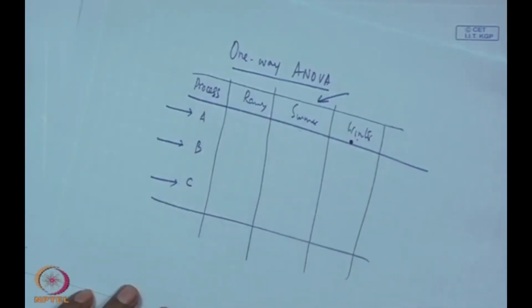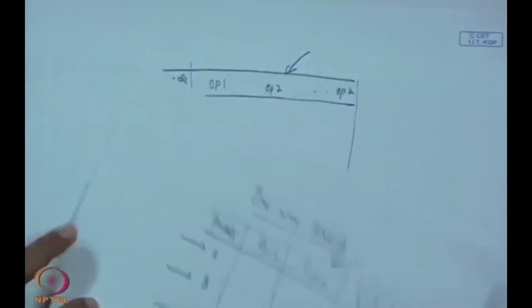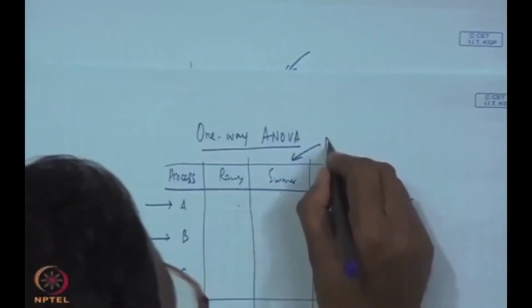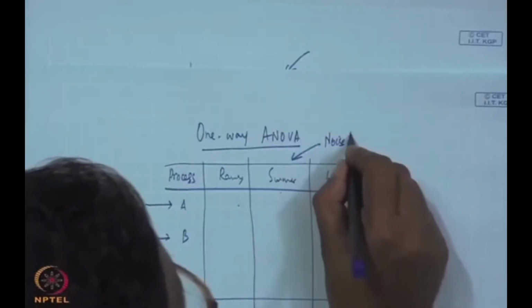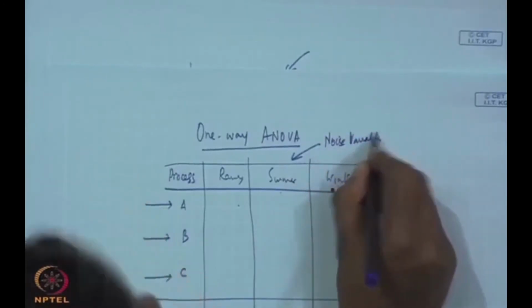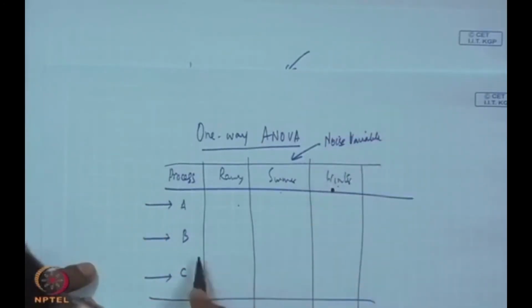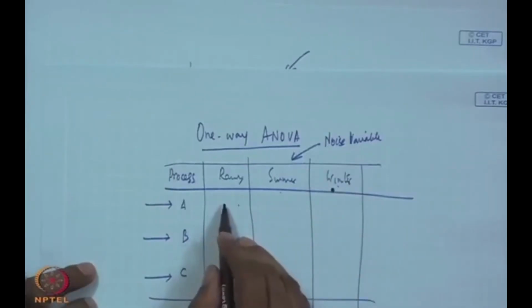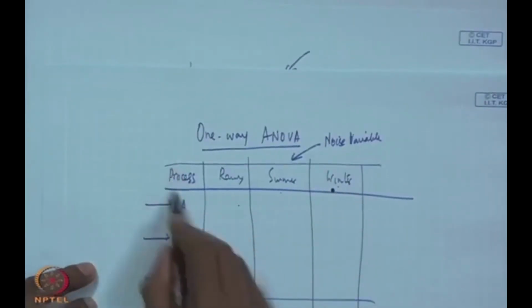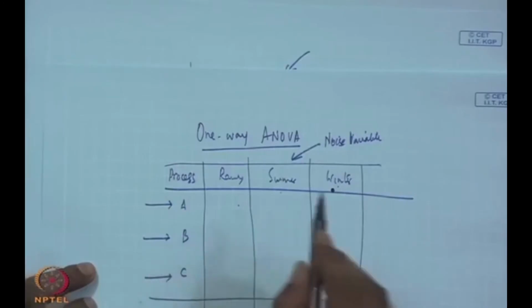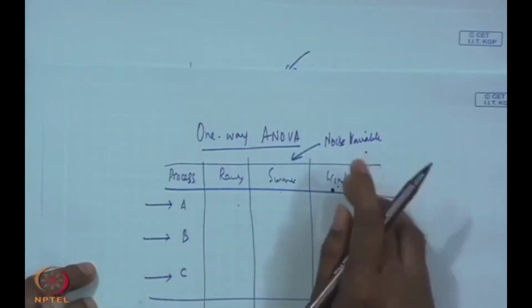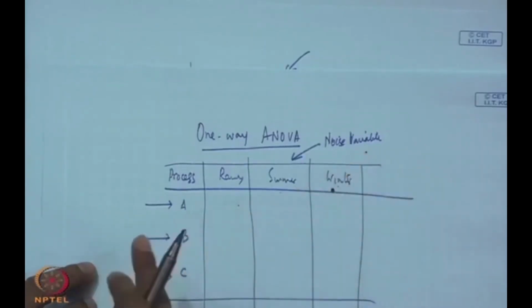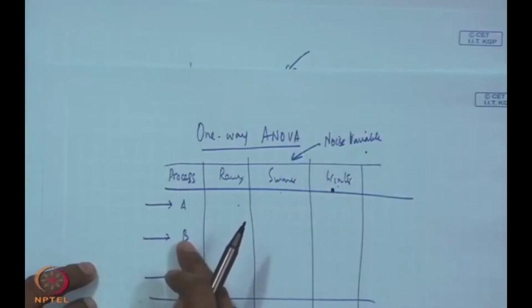So in that sense, we can say that season is a noise variable, but you want to estimate the process effects keeping in view that the seasonal effects are to be blocked. What I am trying to say?